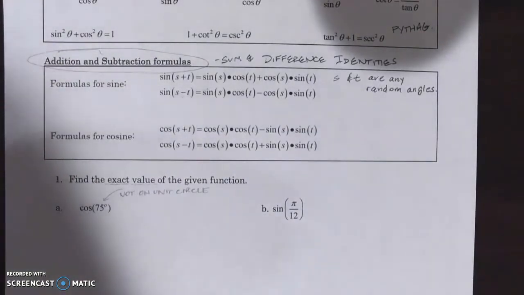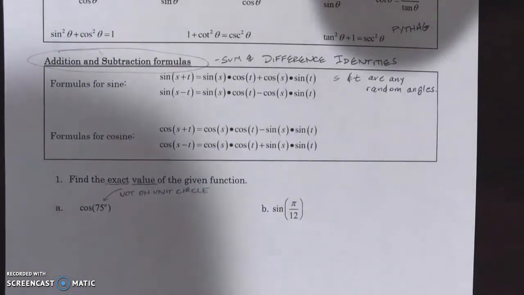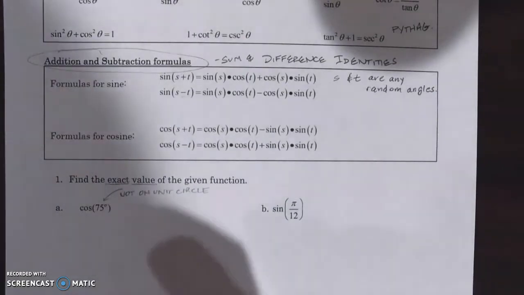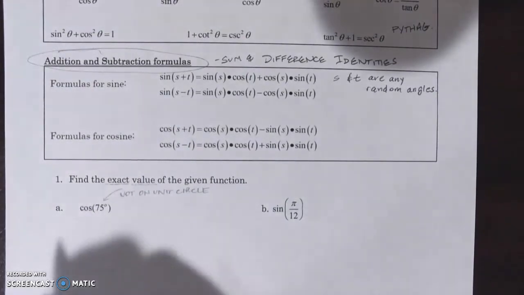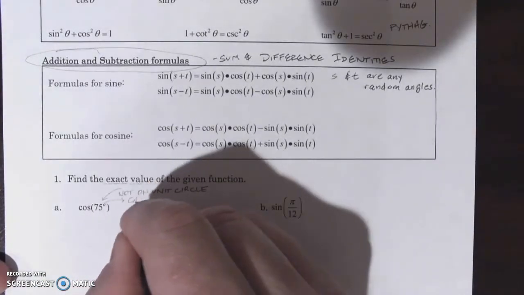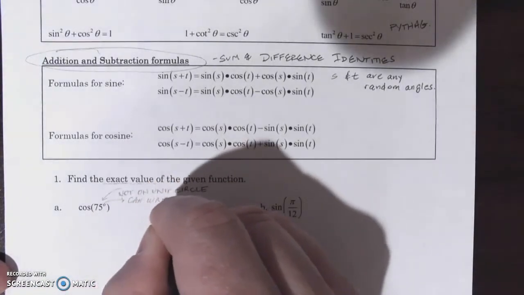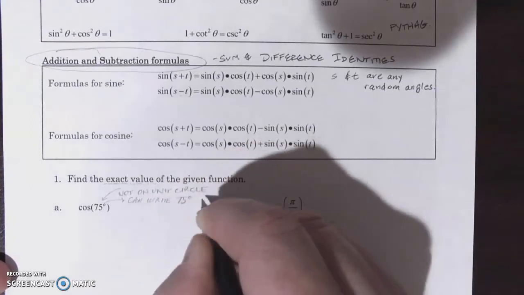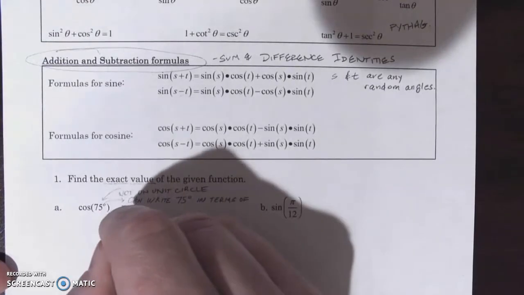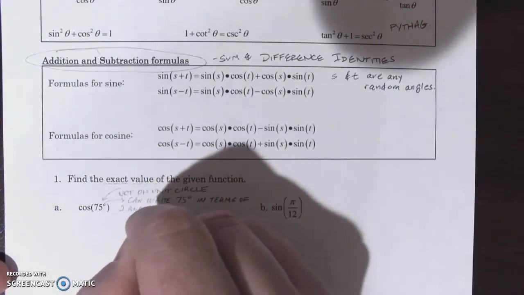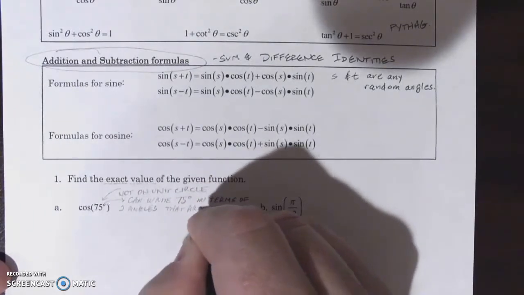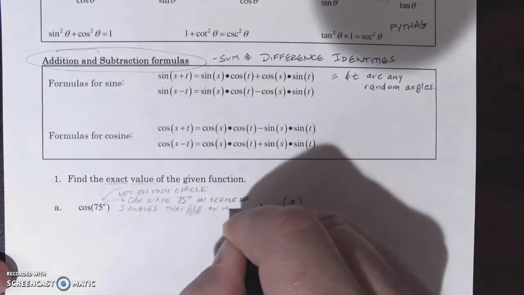It's not a 30-degree reference angle, it's not a 45, it's not a 60, it's not a 1/2, it's not a root 3 over 2, it's not a root 2 over 2. We're not sure, okay? But what we can do with 75, it's not on the unit circle, but we can write 75 degrees in terms of two angles that are on the unit circle.